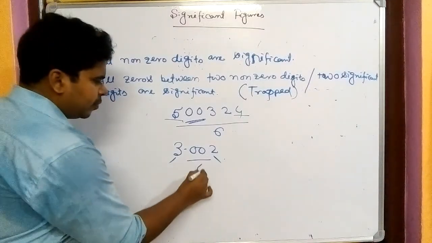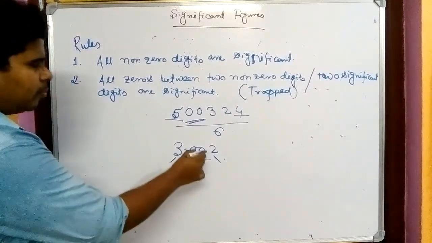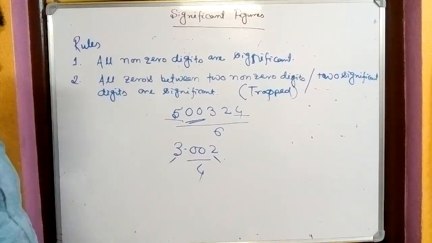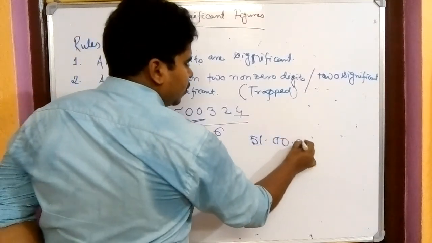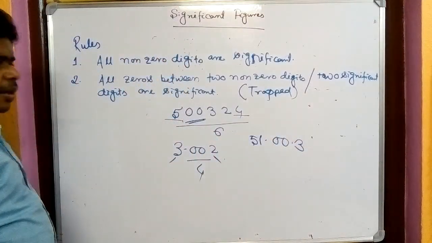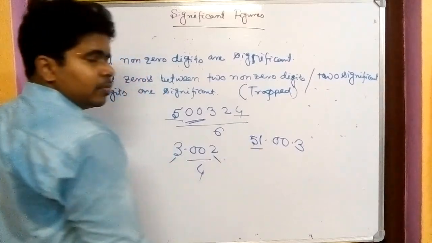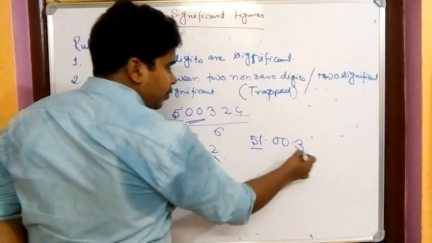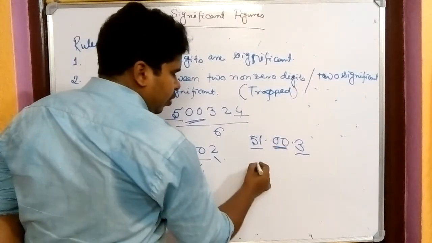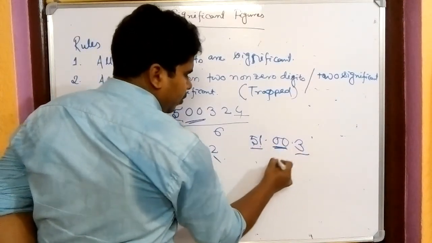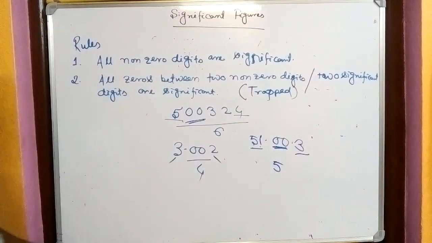That should be significant. So here the total number of significant figures is 4. If it is 51.003, here also the non-zero digits trap the zeros, so these trapped zeros will be significant. 1, 2, 3, 4, 5. So here significant figures are 5.